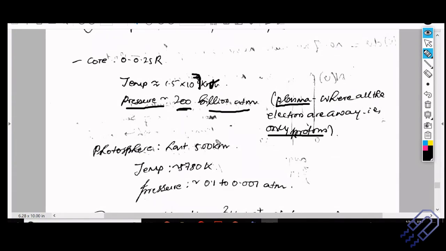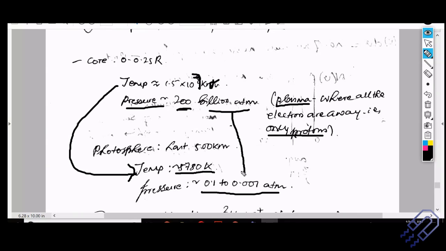If you compare the temperature of the core and the photosphere, you see this. The core is 10 to the power 7 Kelvin. Here it is 5780 Kelvin, so the order is 10 to the power 3. Here the order is 10 to the power 7. So it drops drastically. Look at the pressure, 0.1 to 0.001 atmosphere.